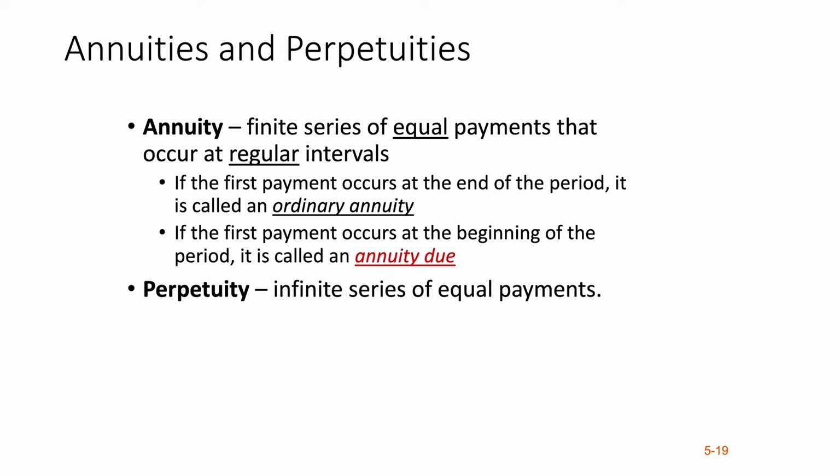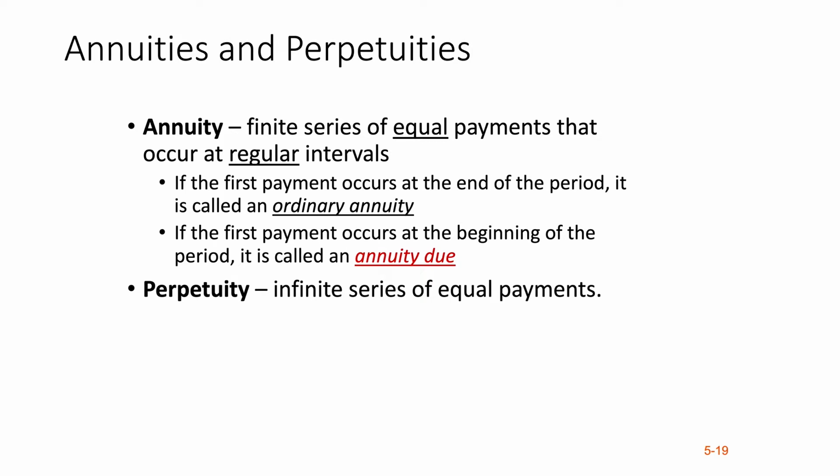I think 95% of annuities are ordinary annuities. However, if the first payment occurs at the beginning of the period, those are called annuity dues, like apartment rent or car lease payments.